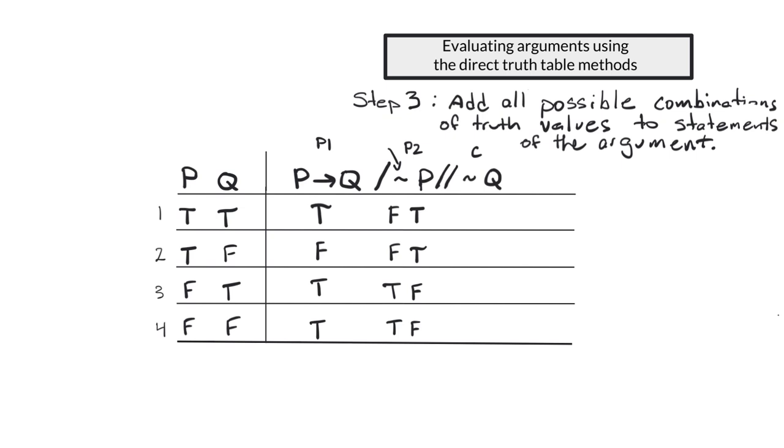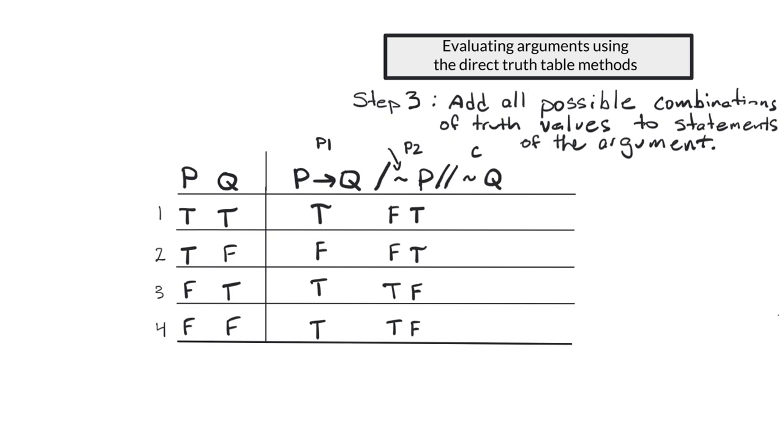I'll do the same thing for Q here. Let's take Q from these truth values over here into the atomic sentence. I'll put it right underneath Q and then I'll flip the truth value and put that flipped truth value under the tilde. So I'll just do this really quickly.